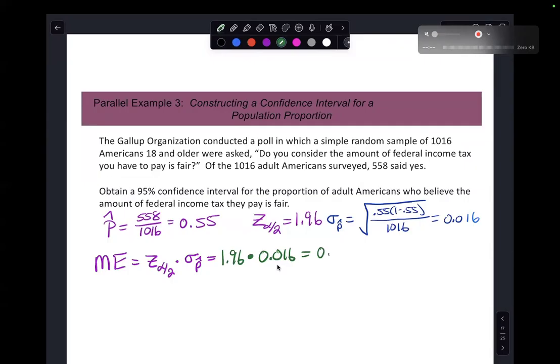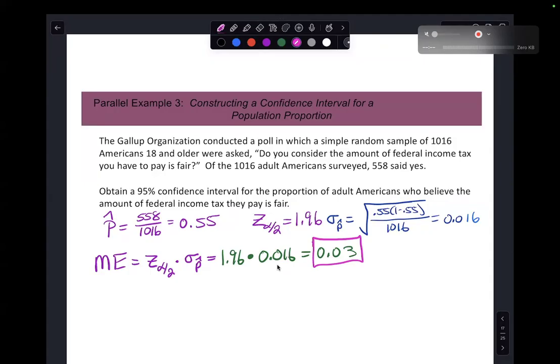About 0.03. I'm going to make sure y'all got the same number I did before I move on. All right. This is the margin of error. This is what we're going to use for our confidence interval. So it's about a 3% margin of error.